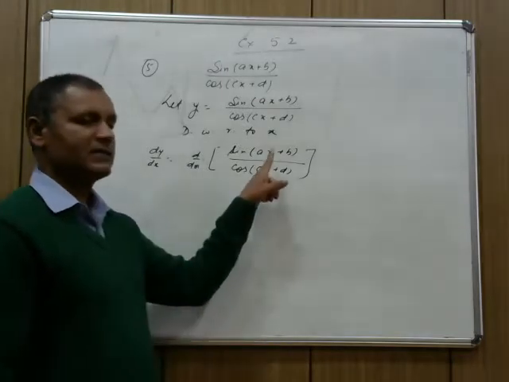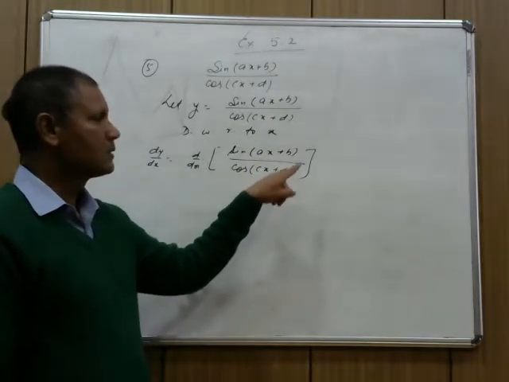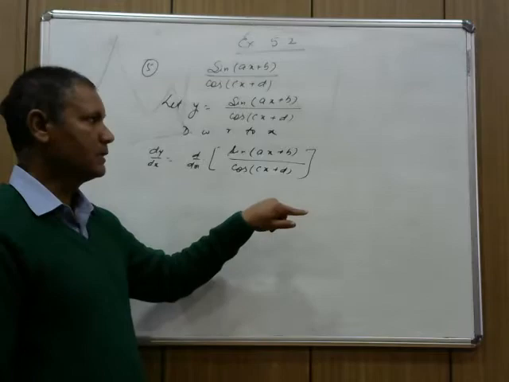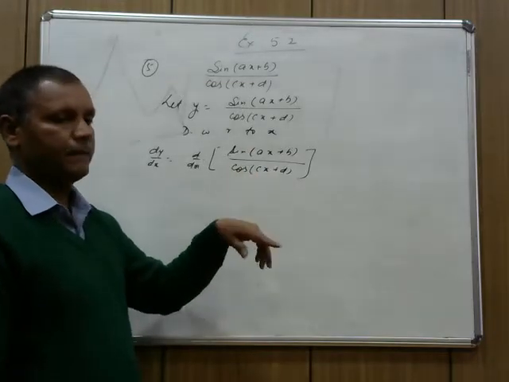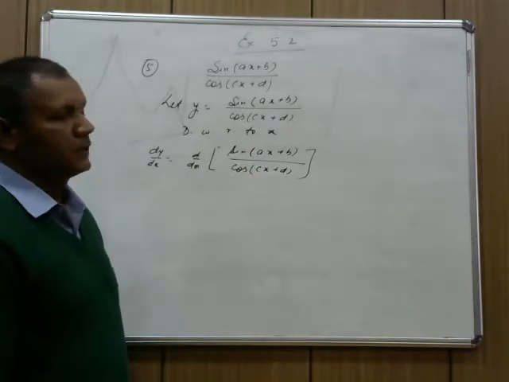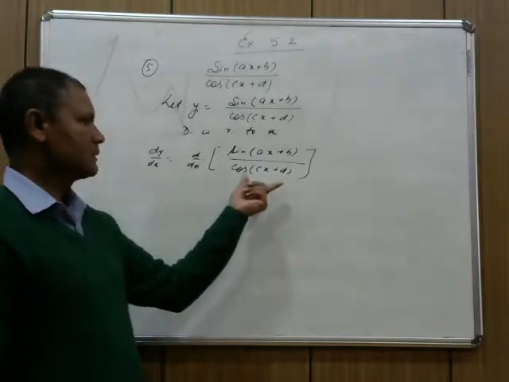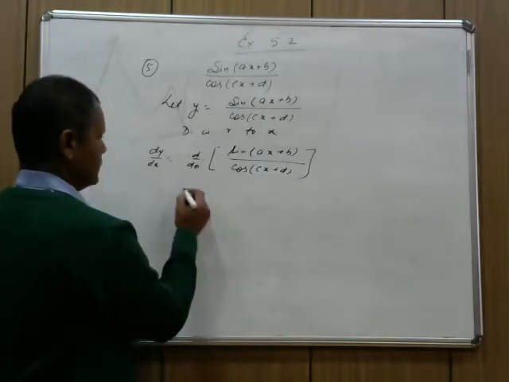That means differentiation of first, second as it is, minus differentiation of second, first as it is, divided by the second term's whole square.